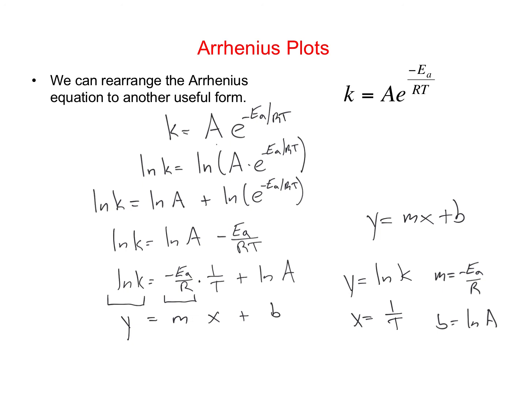And then I can have Excel print the equation of that line on the graph, and it will give me the slope. And so then, we always know R. If I know the slope, that will allow me to calculate the activation energy. And then I can use the y-intercept to calculate the frequency factor. And so this form of the Arrhenius equation is incredibly useful.